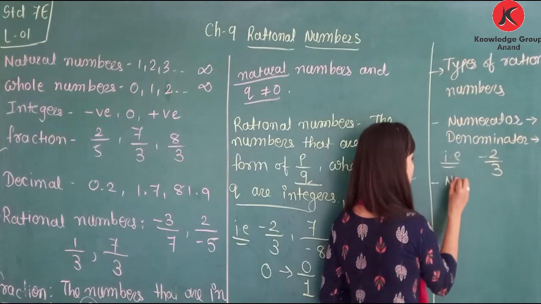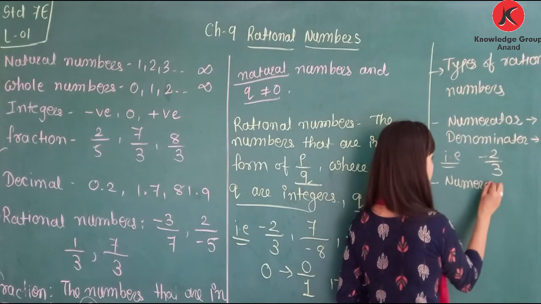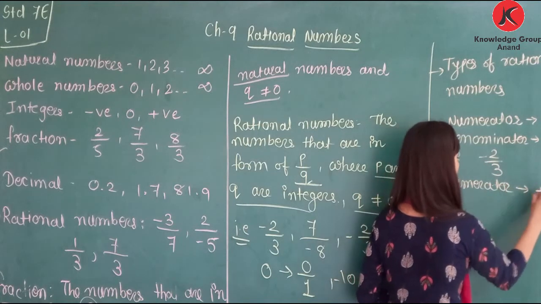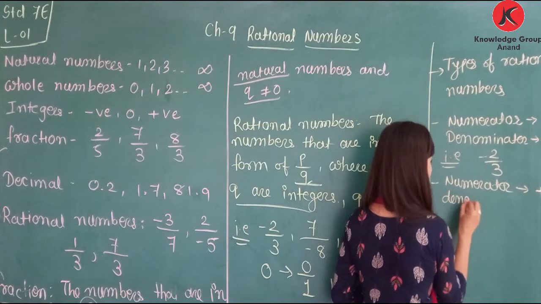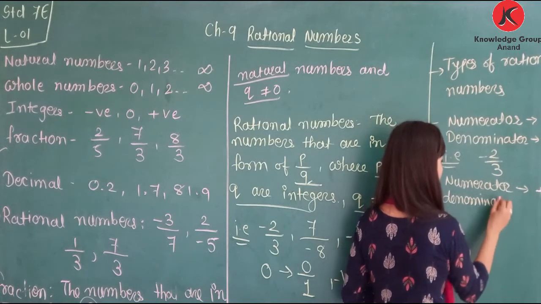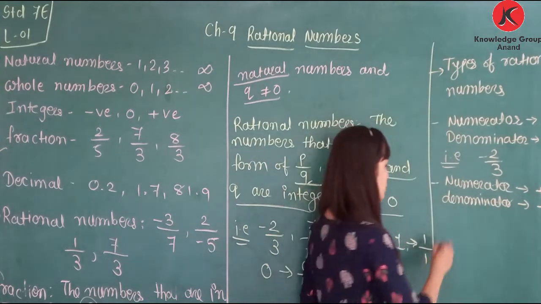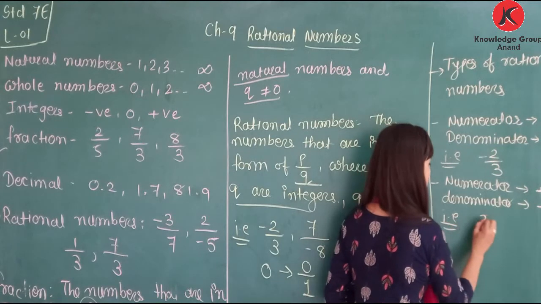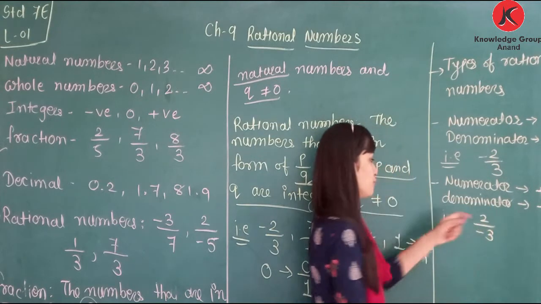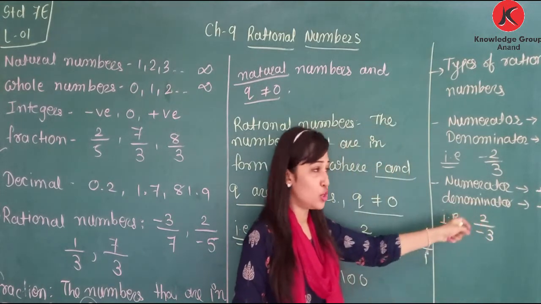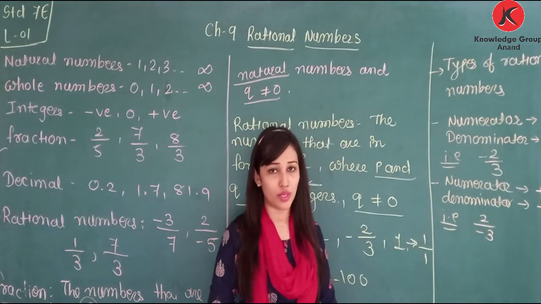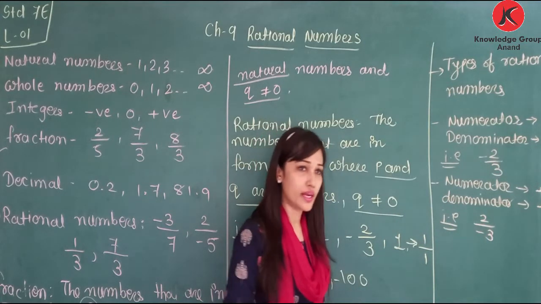Second, if the numerator is positive and the denominator is negative, then it is also a negative rational number, because we can say it is 2 by minus 3. If any one from the numerator or denominator is negative, then it is considered a negative rational number.